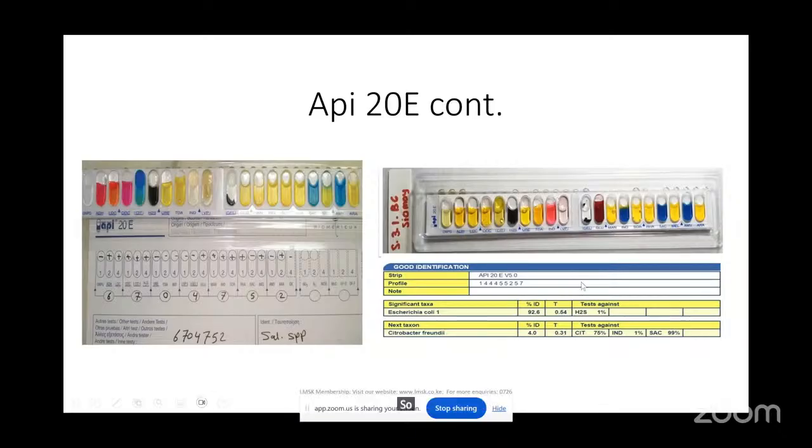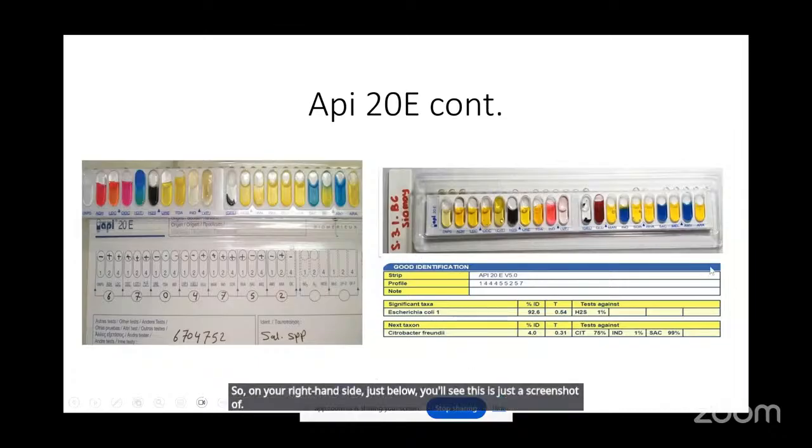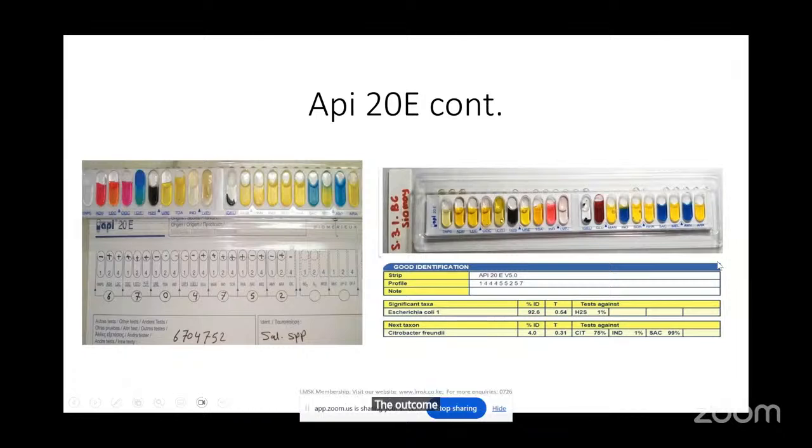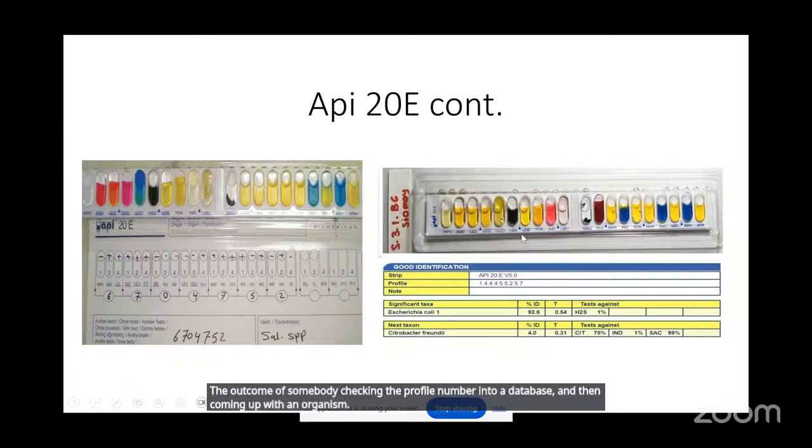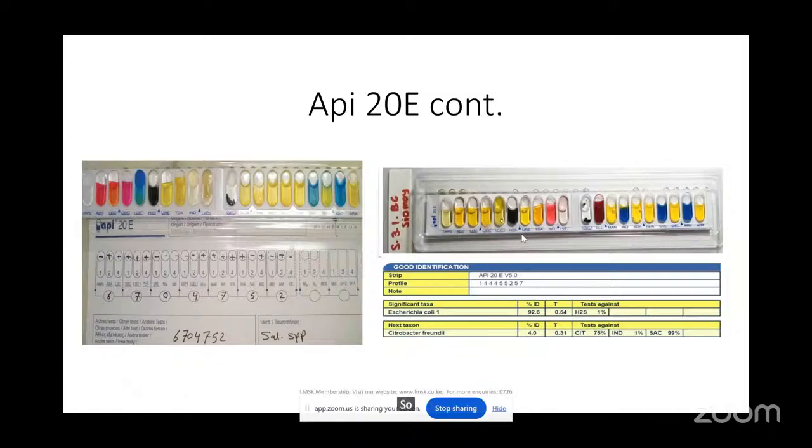On your right-hand side, just below, this is a screenshot of the outcome of somebody checking the profile number into a database and then coming up with an organism. That profile number is 1444555257, and there is a good identification of Escherichia coli.